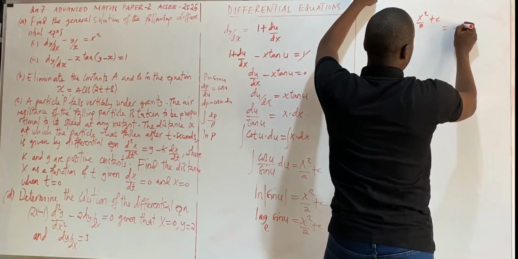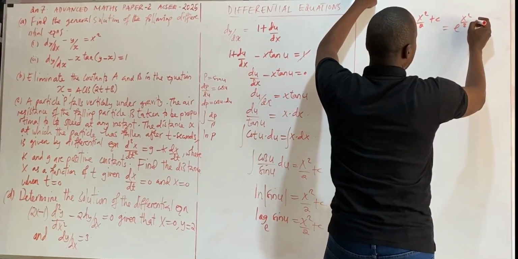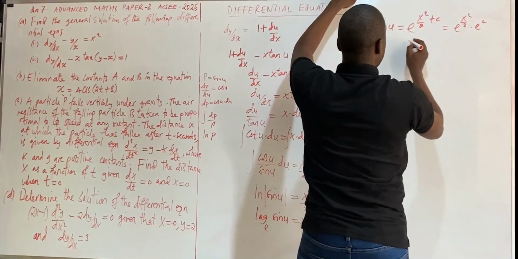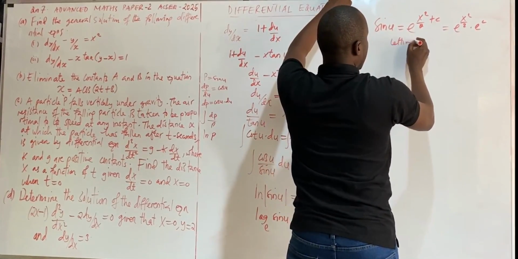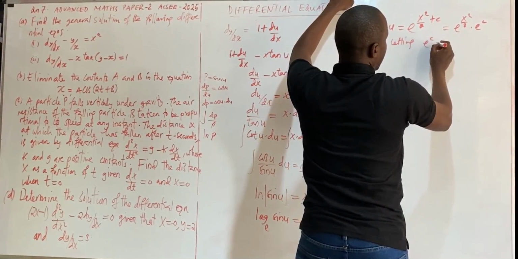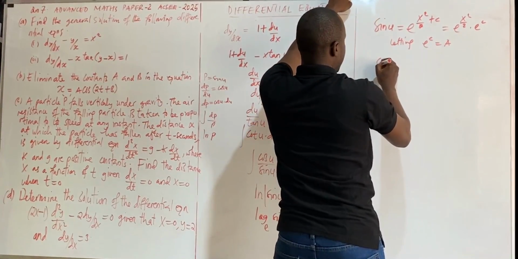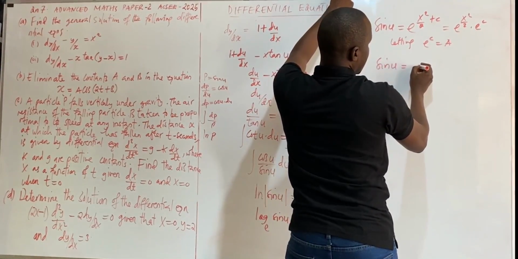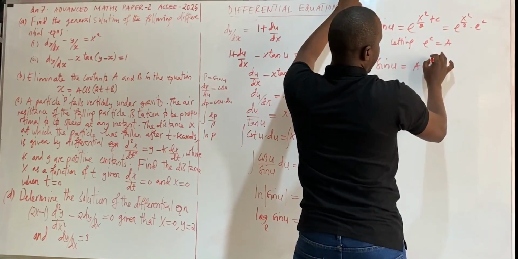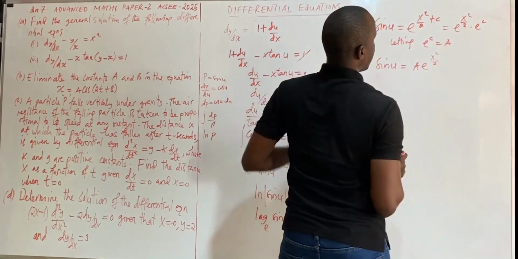This is the same as e raised to x squared over 2 times e raised to c. Now we can let e raised to c equal a constant a. So sin u now becomes a e raised to x squared over 2.